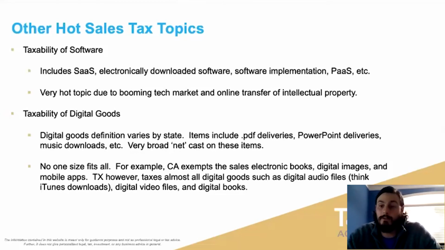I'll give you an example. I had a client recently who told me they were a SaaS company. There are a lot fewer states that tax software as a service than there are states that tax electronically downloaded software. So he told me, okay, well, it's software as a service, right? I asked him, is there any component of your services where you have to download something on a company's server or on a customer's laptop or device?